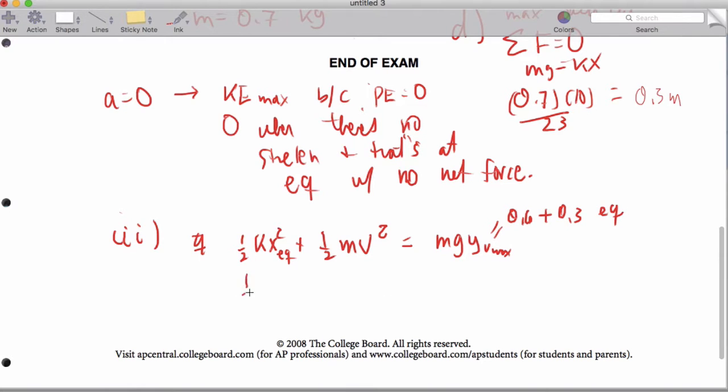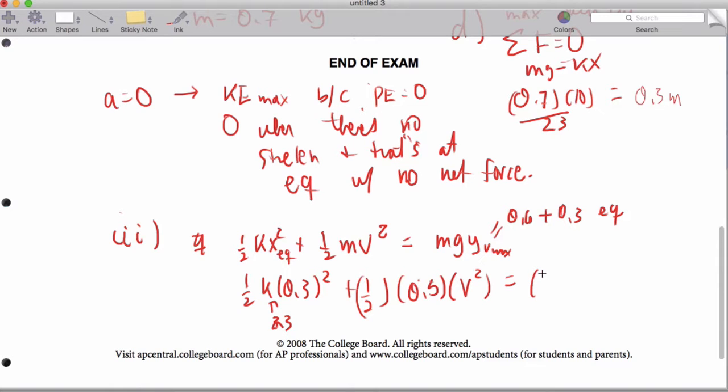So we're going to end up getting here 1/2 k times 0.3 squared, and we'll put 23 in here, plus the 1/2 times the mass, and then the v squared is what we're solving for, times 0.7, and I'm sorry, I had the m wrong. This is 0.7 for the m, times 10 times 0.9 here. And when we isolate for v, we're going to get approximately 4 meters per second.